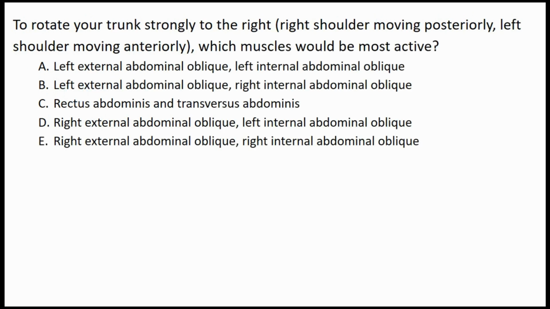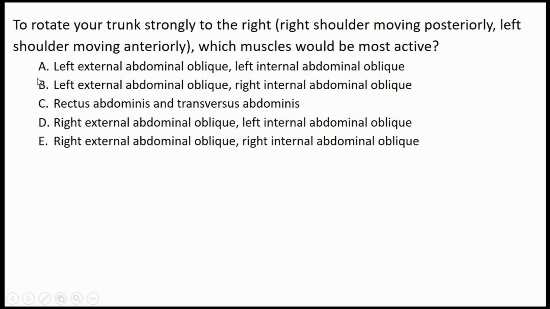All right, do your best. Let me know when you're ready. All right, so if we're rotating strongly to the right, right shoulder moving posteriorly, left shoulder moving anteriorly, we would be contracting B, the left external abdominal oblique and the right internal abdominal oblique. Rectus abdominis and transversus abdominis, that would make us do a sit-up, so we'd flex forward.